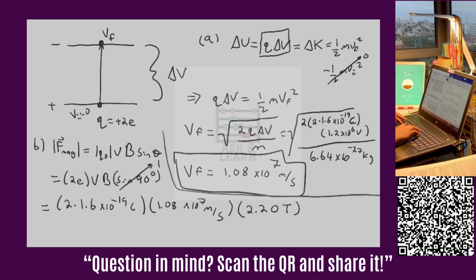We pull all this into our calculator, and we see that the magnitude of the magnetic force that this alpha particle is feeling is 7.60 times 10 to the negative 12 newtons.